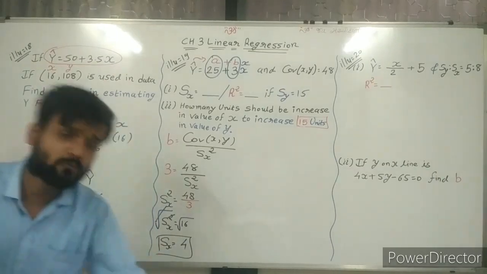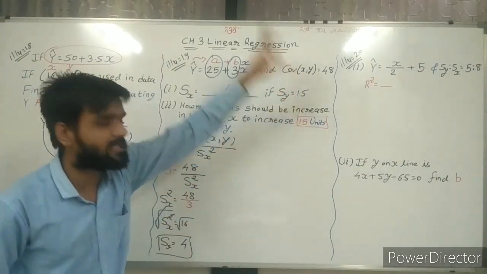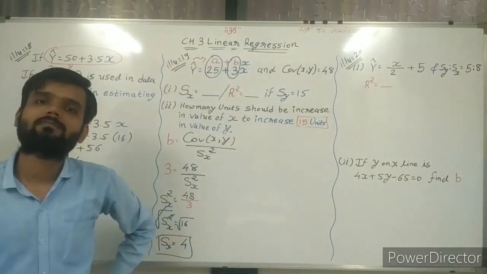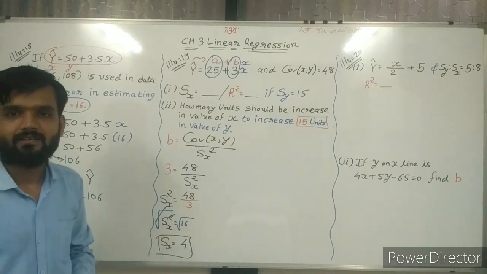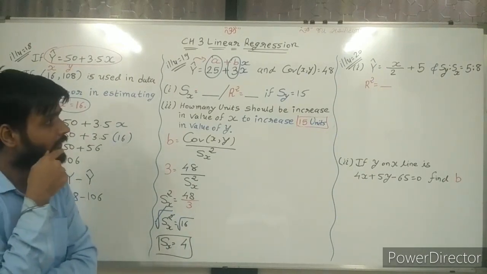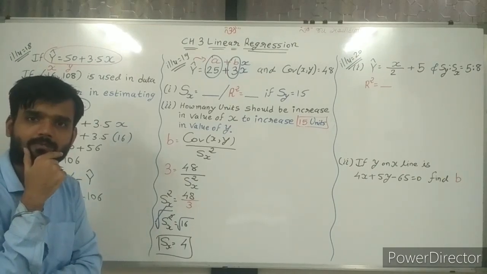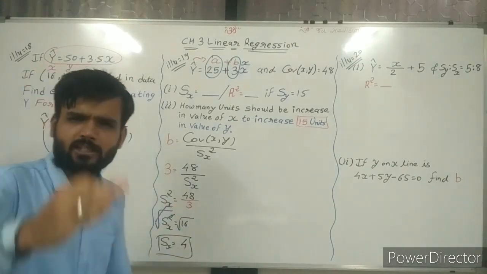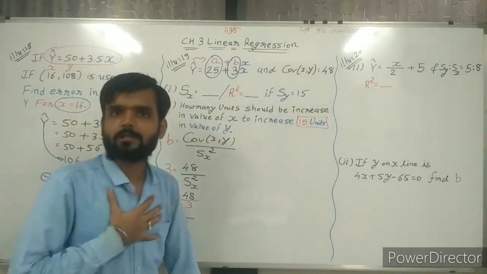Now in that first question, the second part is also there: find r square if sy is equal to 15. Sy is equal to 15. Now which formula can I use for r? This formula is new in this lecture, to all of you by Kamal sir.